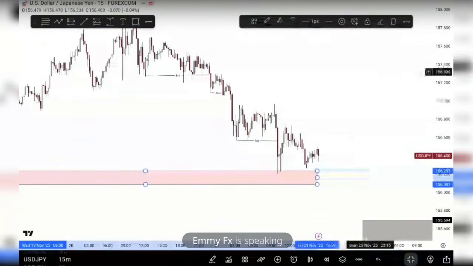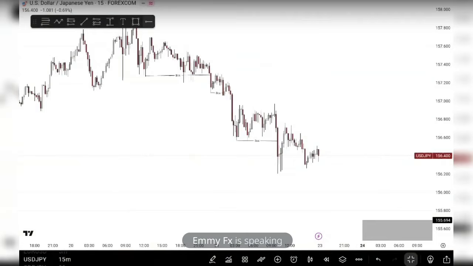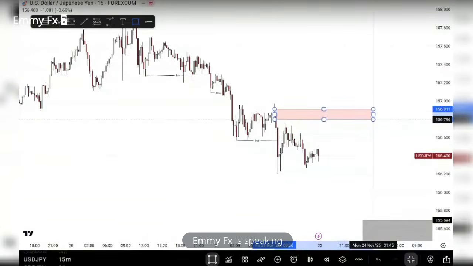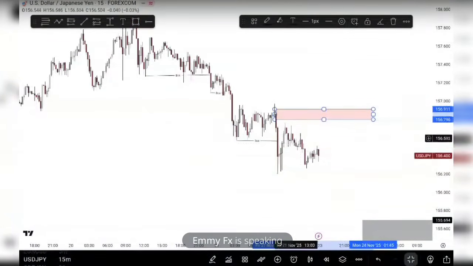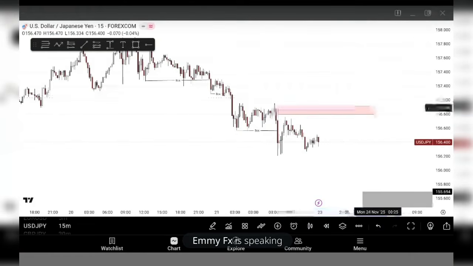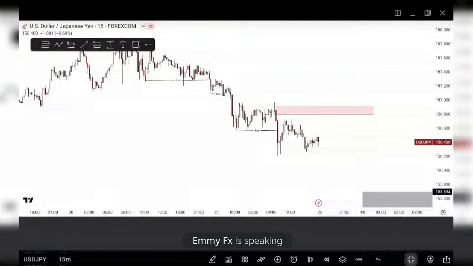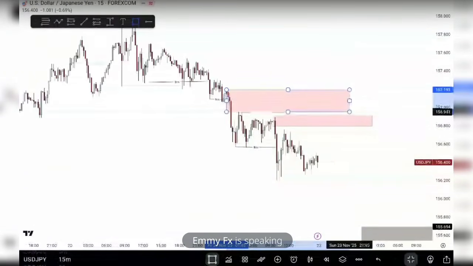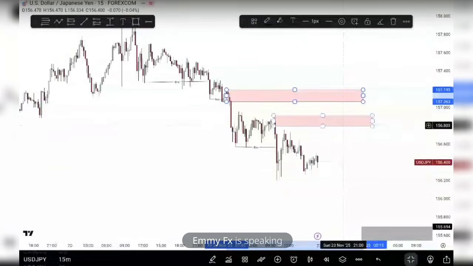Now we have this zone. Price did not react from the other block. Price is reacting from the average which is here. So now we also have this supply zone, this order block in which price did not react from.